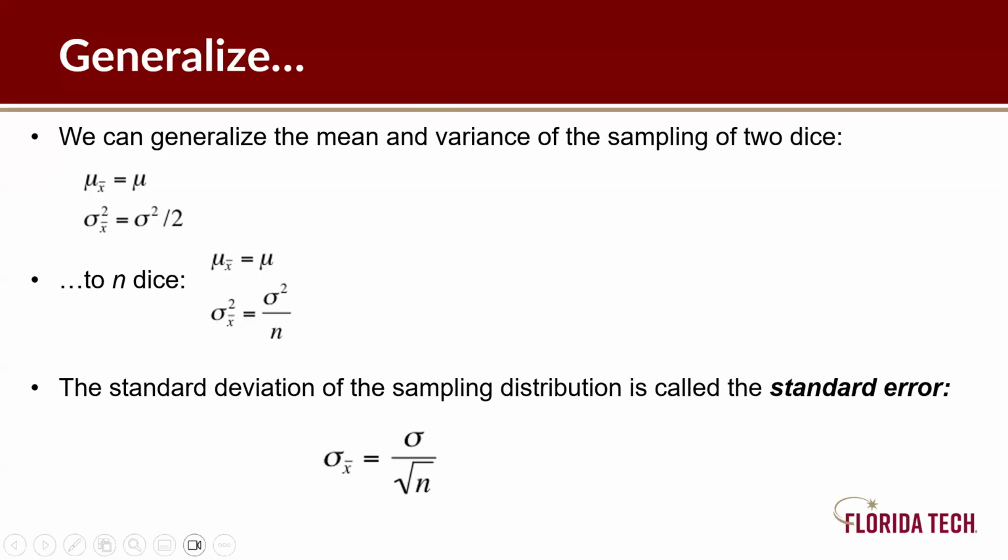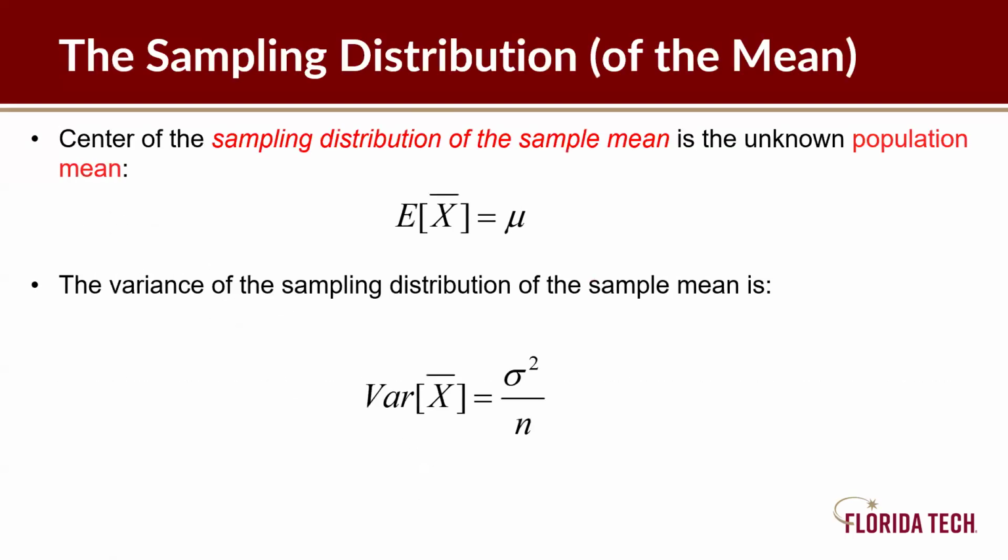The standard deviation then would be the standard deviation of the population divided by the square root of the sample size. That is called the standard error. So the standard deviation of the sampling distribution of the mean is called the standard error, sigma over the square root of n.